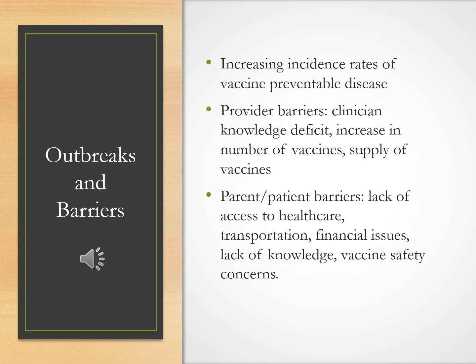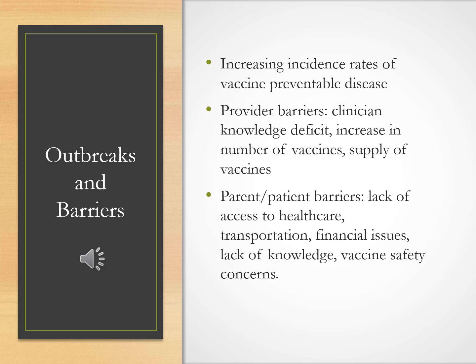When we think about outbreaks, there is an increased incidence of vaccine preventable diseases right now. Parents aren't vaccinating like they once used to. Something that we've seen in our area is outbreaks of pertussis or whooping cough. That was almost eradicated due to vaccines, but now you see some of these infectious diseases starting to creep back in.